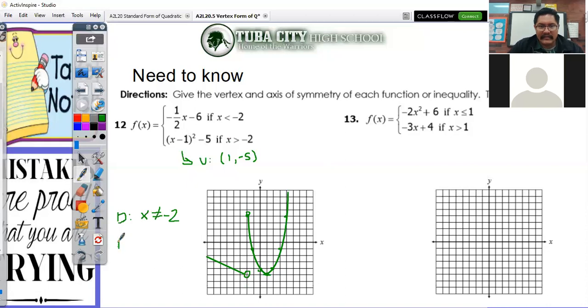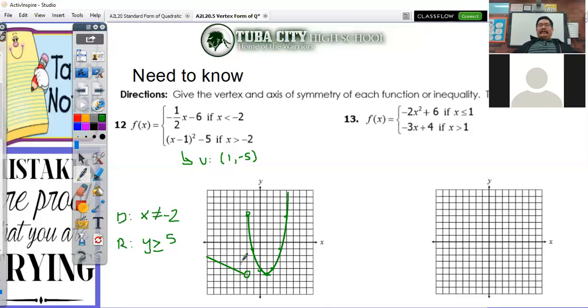And the range would be y values greater than 5. This one doesn't have a y value of 5, but this one does. Since the vertex is at 5, that means it would be an or equal to. I just thought I'd point that out.